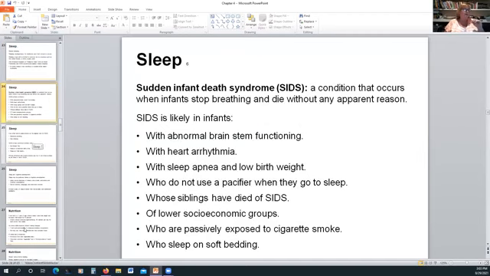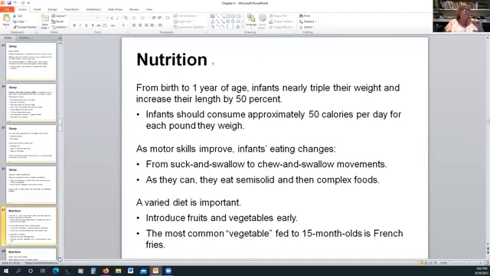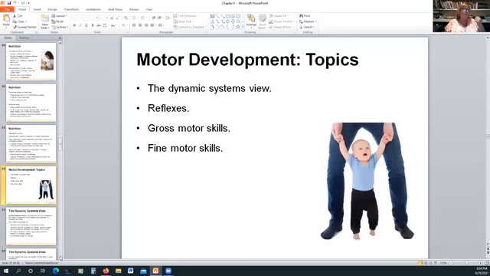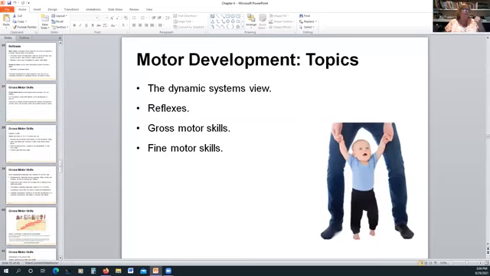Some things on SIDS and nutrition. Breast milk is always best, but formulas are there. Breastfeeding has to be a personal choice. So, you can read through the motor development stuff. Again, I gave you some video assignments to kind of go over some of the physical stuff for you. I know that was a fast lecture. It's going to be, because these chapters are very long.